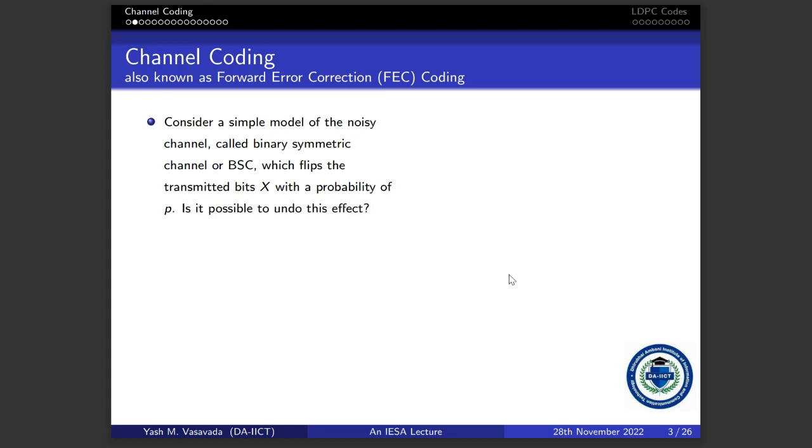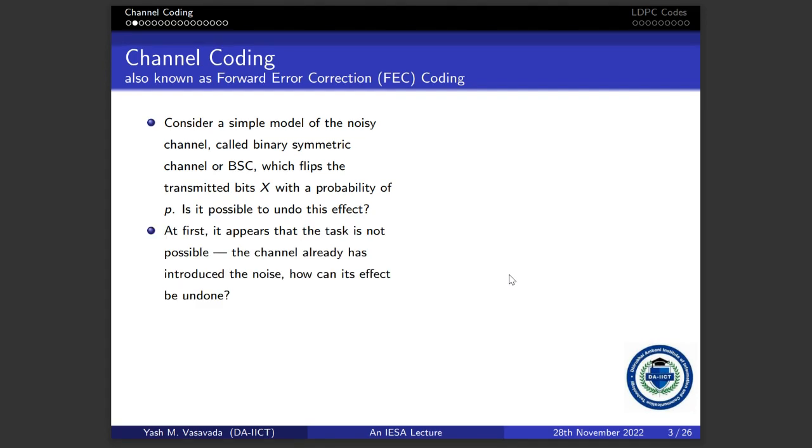The question is, when the channel is this binary symmetric channel which flips the bits, is it possible for the receiver to undo this effect? At first it appears that the task is pretty much impossible, if not very difficult, because the channel has already flipped the bits and the receiver doesn't know which bits are flipped. So how can the receiver magically undo the effect?